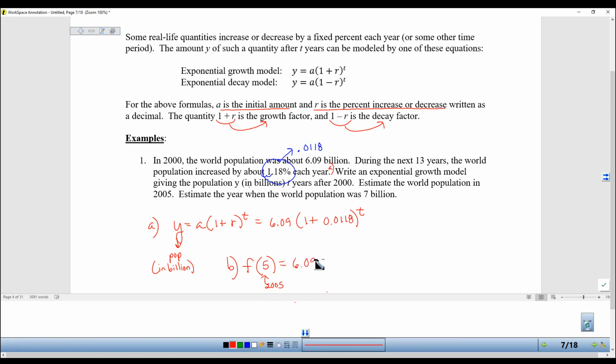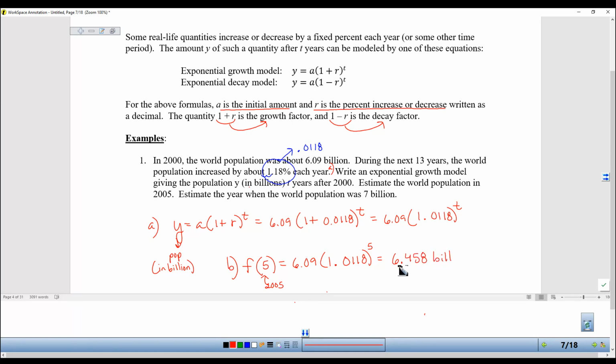So 6.09 times 1, and I can actually rewrite this as 6.09 if you would like. Just adding those two together would give you 1.0118 to the t. So that's what I'm going to do here. 1.0118 to the 5th. And of course, you can do that on your calculator. The answer will be 6.458.